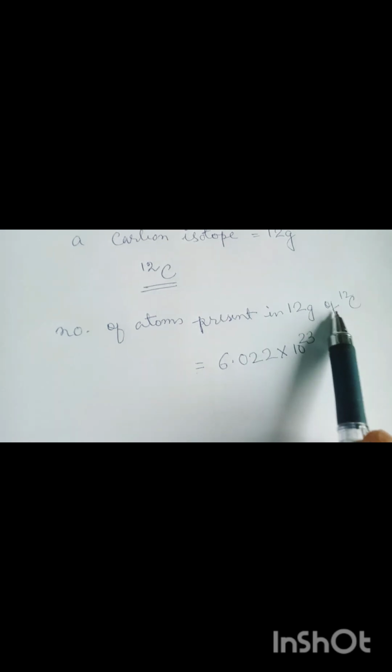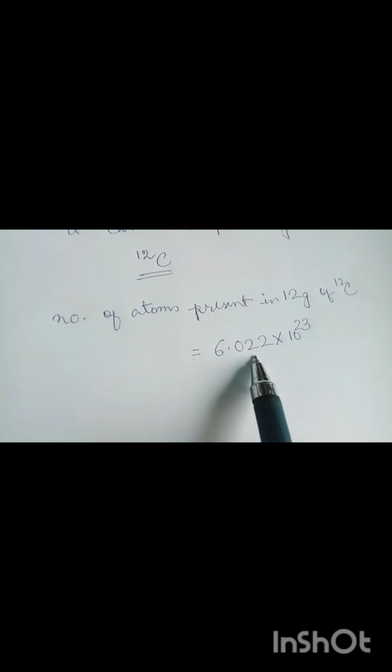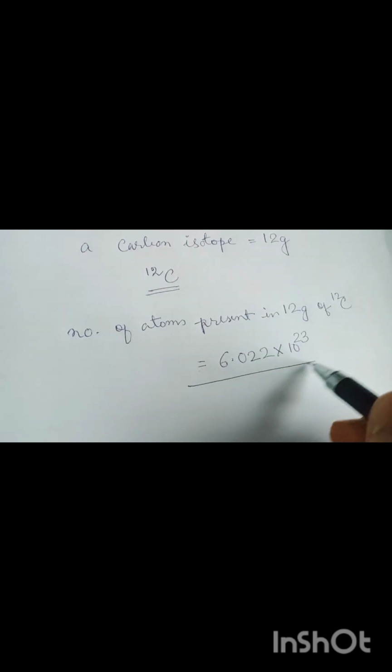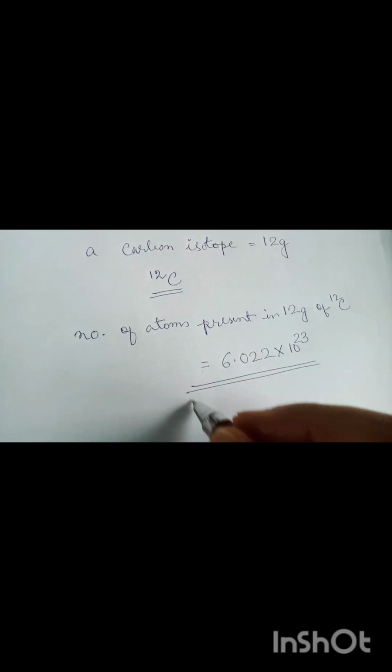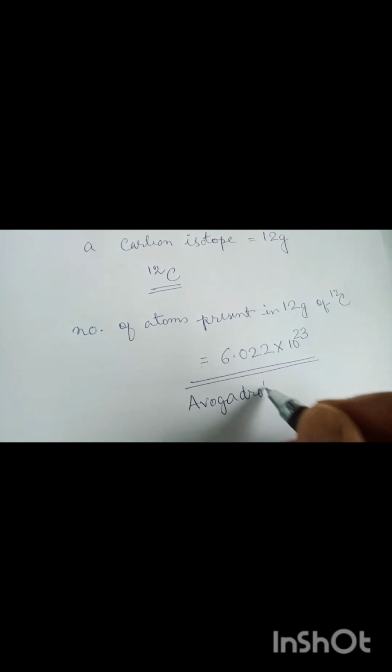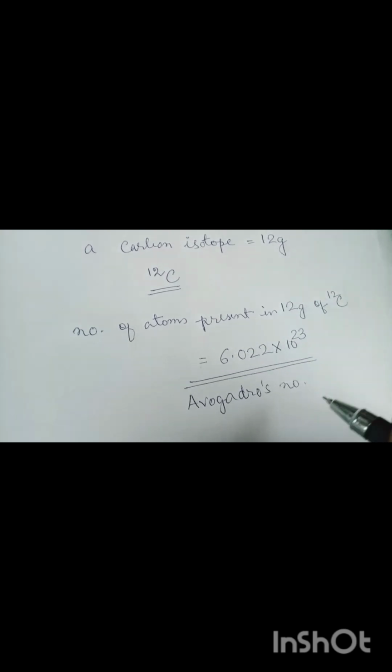It is found that 12 gram of carbon 12 isotope has 6.022 into 10 to the power 23 carbon atoms in it. This number is called Avogadro's number. Avogadro's number.